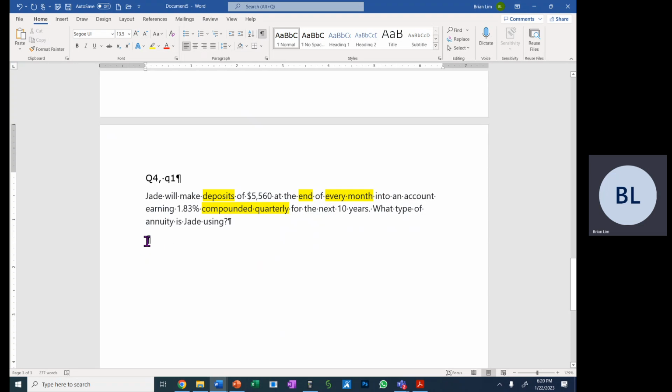Well, we have the word end. So let's just type in end. All right. And then we are interested in what? Well, we're interested in PY. PY is equal to what? Every month, so it's 12. And CY is equal to 4.